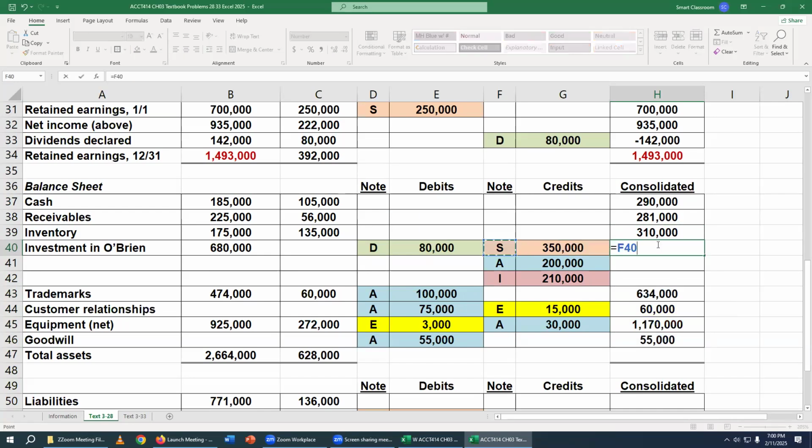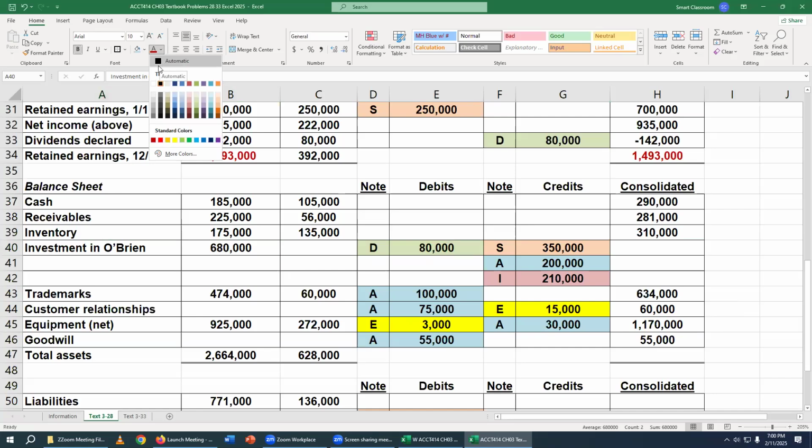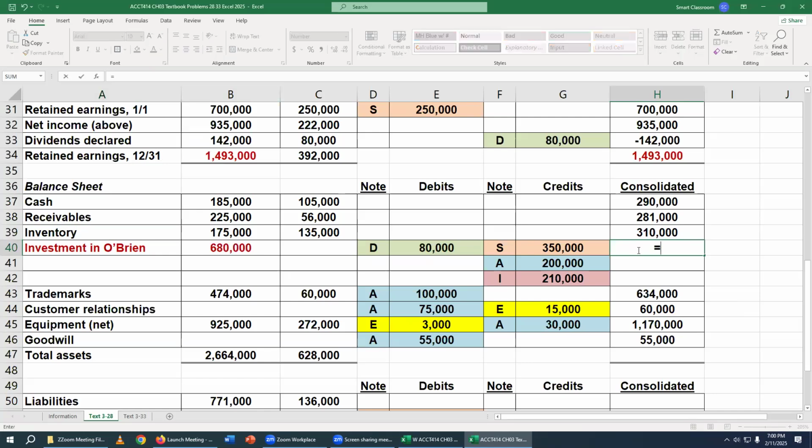I think getting this off the books, I think it works out. So plus the debits minus the credits. Yay, it's zero.